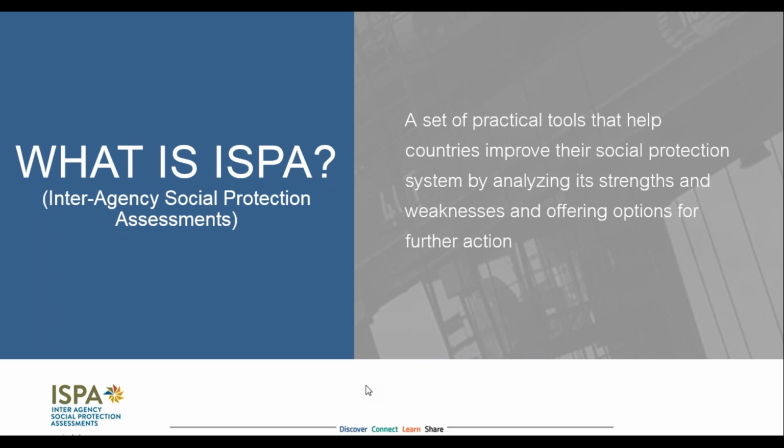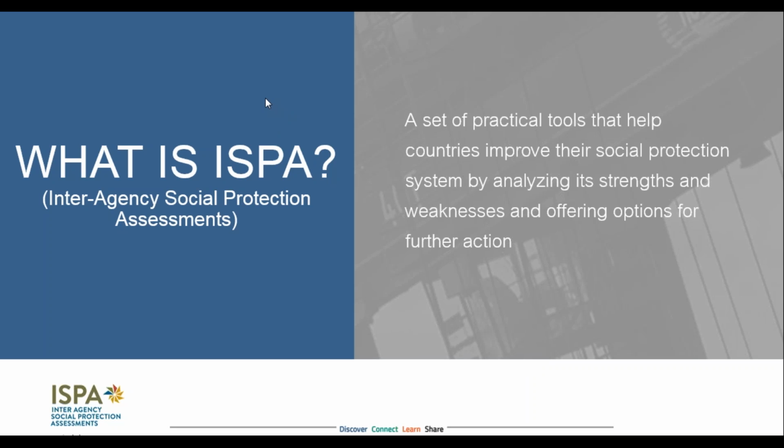The tool is supposed to guide the user through a process through which they can, first of all, analyze their strengths and weaknesses, but importantly, be able to generate a series of options for how to improve the components of those systems. It's based on expertise from 25-plus social protection practicing agencies. It's really rooted in the best practices from around the world, and we are very excited about not just the initiative but this tool as well.